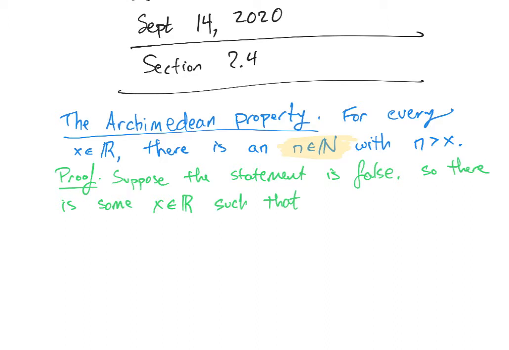It would have to mean that they're all less than or equal to it. Okay, that's essentially a trichotomy. So n is less than or equal to x for all natural numbers n. Okay.